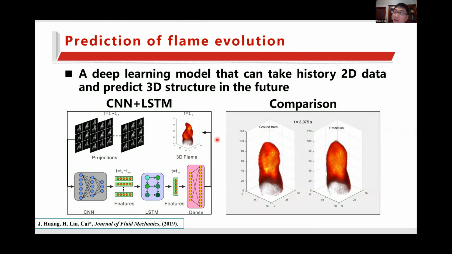The other application where we use deep learning for flame processing is very interesting, I think. This one we use deep learning to predict the evolution of flame. So what do I mean?